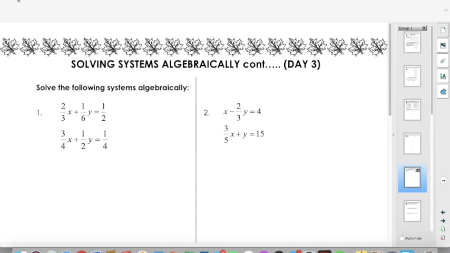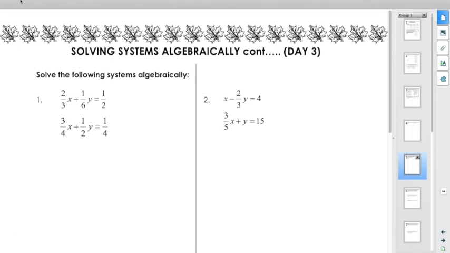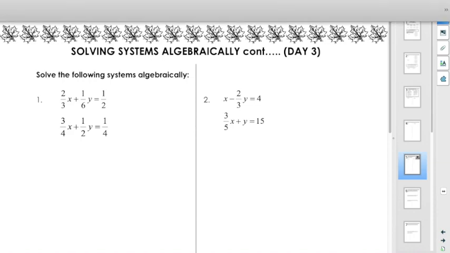Day 3 of solving systems, and this is just kind of an add-on to day 2, some more practice with solving systems algebraically. So recall back to day 2. There were two ways that we could solve systems algebraically, right?